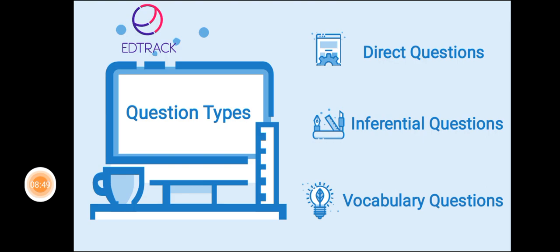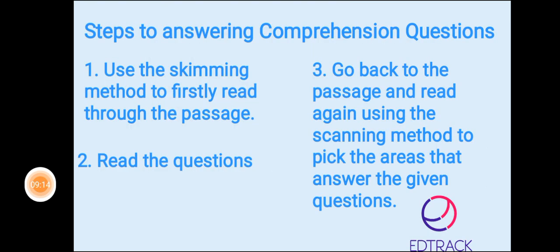So then your vocabulary question, that one is also very clear. You'll be given a word and be asked to give the synonym, or to say its meaning, like to write its meaning. What does a particular word mean? So these are forms of questions that you are likely to come across during your exam while answering comprehension questions.